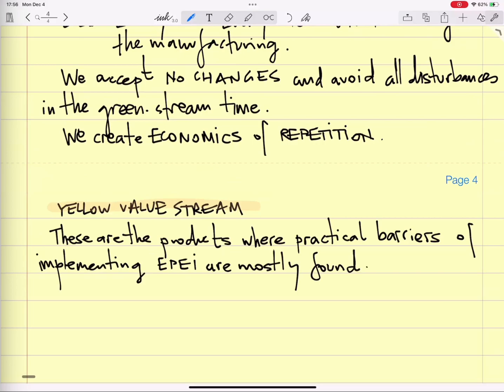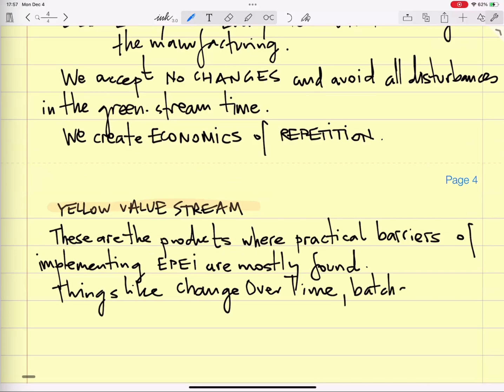Things like change over time, Rüstzeit, batch sizes, ramp-up losses, and many more, and machine layouts.